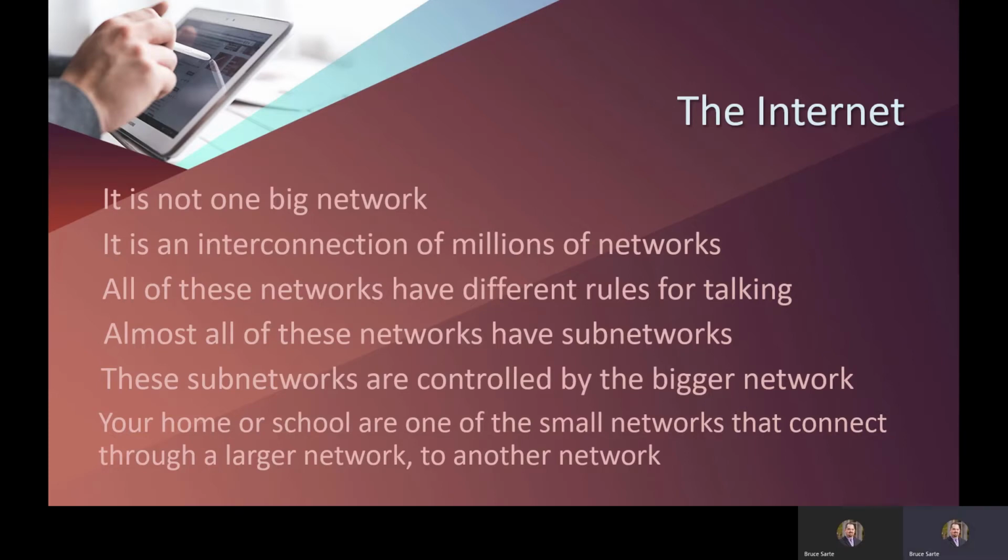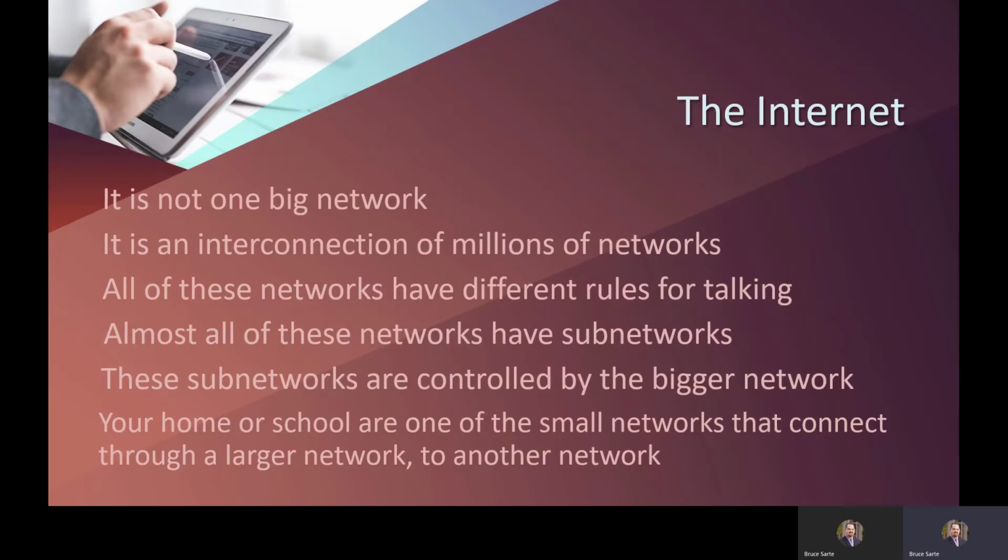Almost all of these networks have their own subnetworks. So, for example, if you think of the internet backbone as the internet, and then you have millions of other networks that are connecting, say from Comcast or Verizon or Penteledata or Cox Communications, whomever your local connection might be, below them, there are also millions of other networks that interconnect through them. And then below them, there are often millions of other networks there.